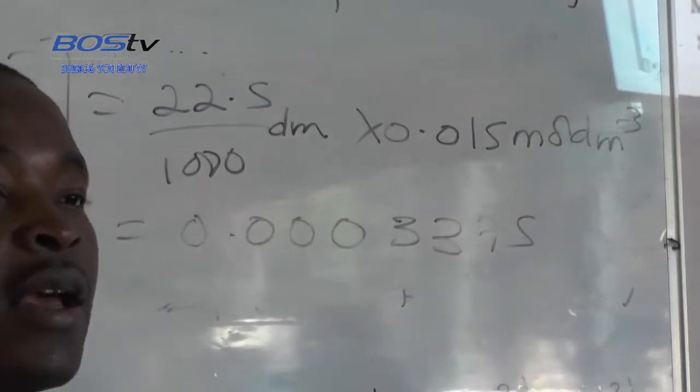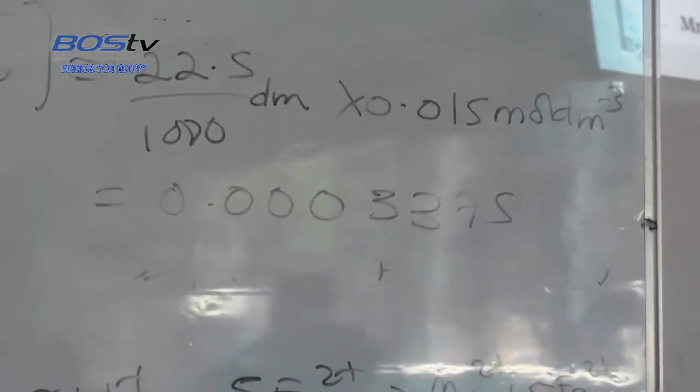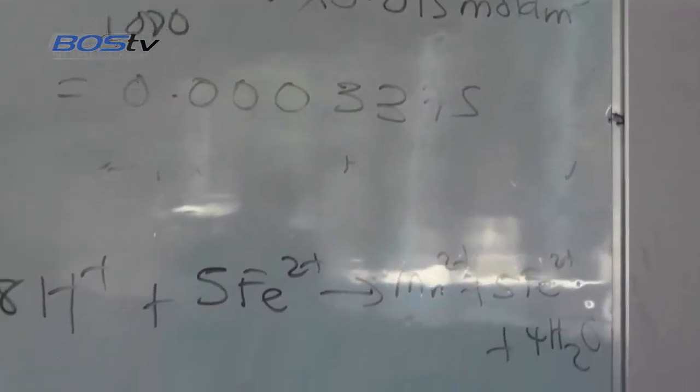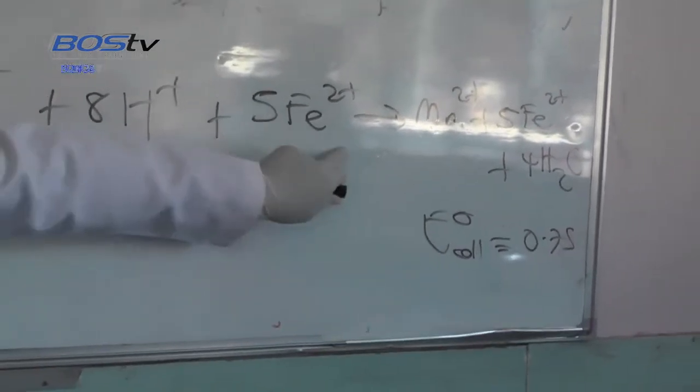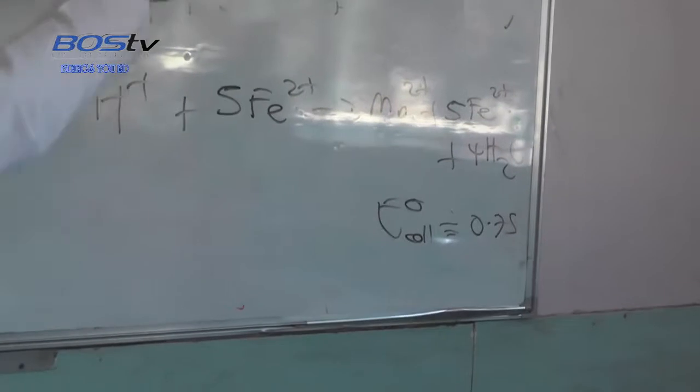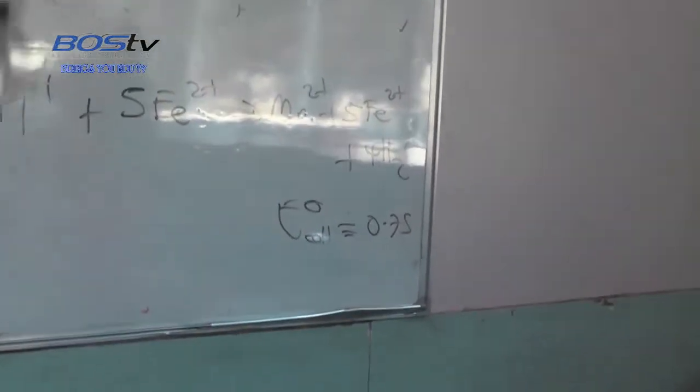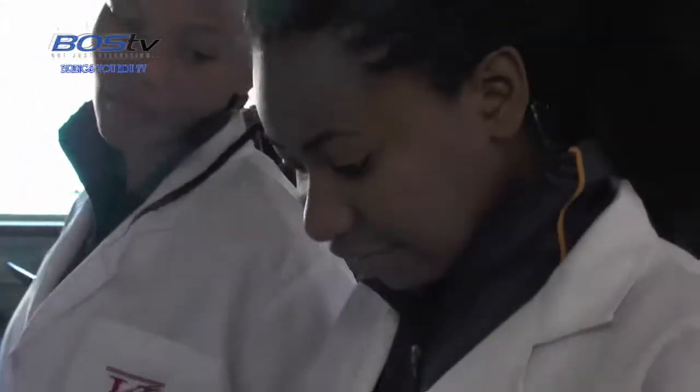From that, let's use the stoichiometric equation to determine the number of moles of your iron 2 plus that reacted with that number of moles of your KMnO4. We multiply by 5.